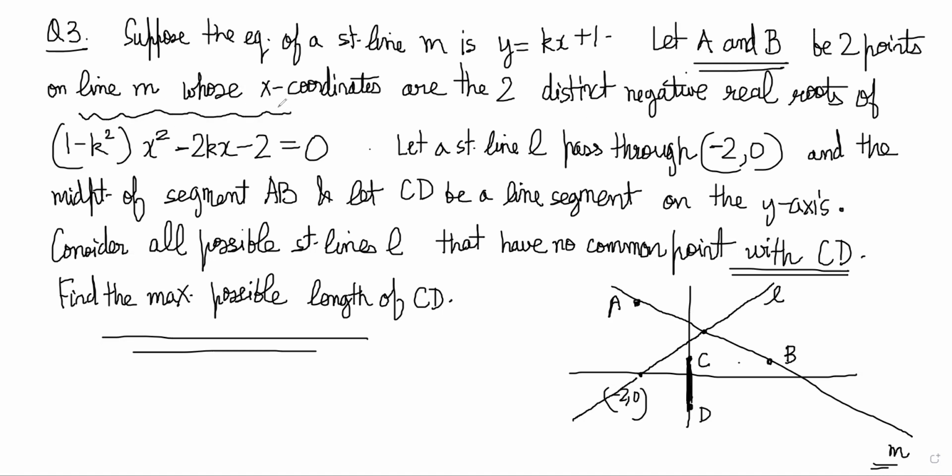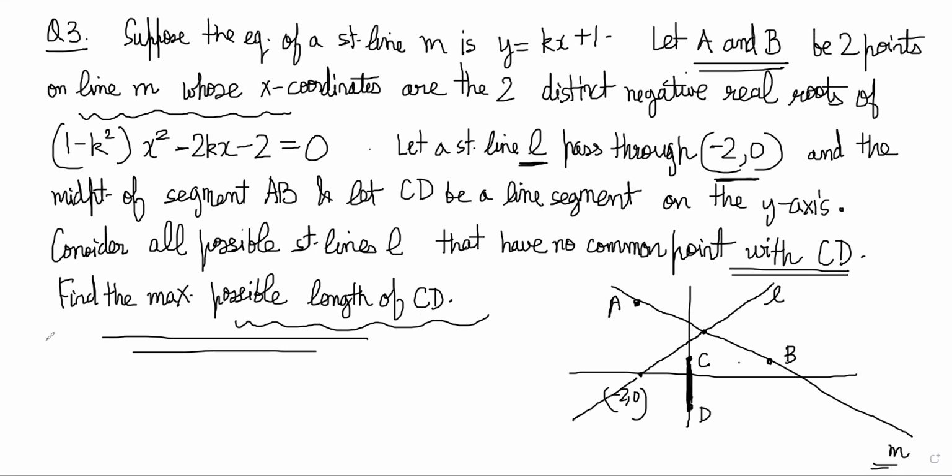The straight line L always passes through one fixed point and the midpoint of AB, so it will not cut CD only if it is above or below CD. Let's think about how we go about solving it. We have to find the maximum possible length of CD.